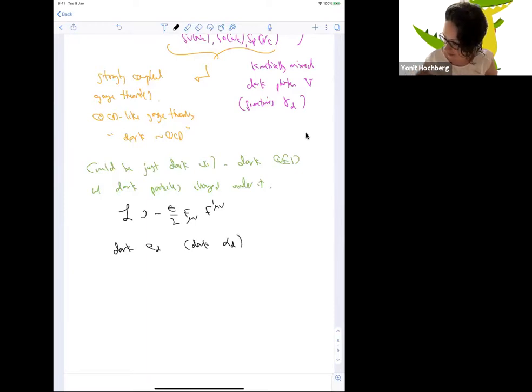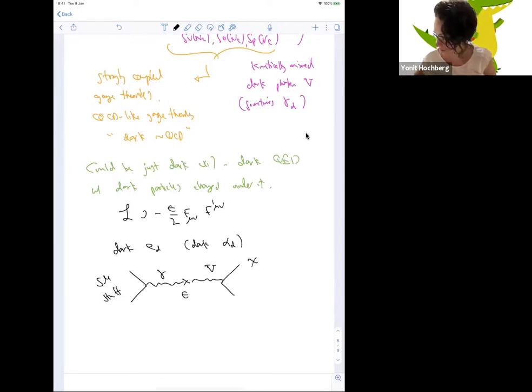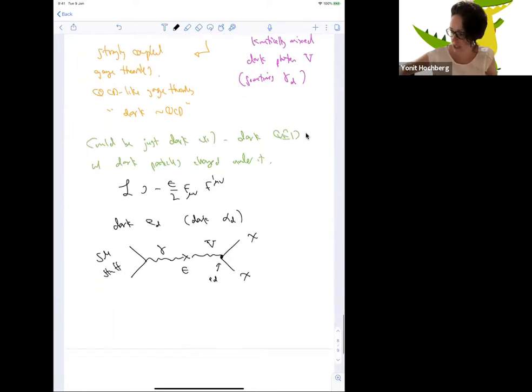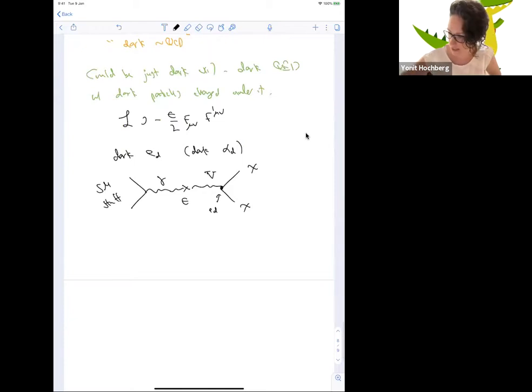And what this effectively gives us is, if I have all sorts of standard model stuff that can talk with a photon, then my photon can kinetically mix through a strength of epsilon into the hidden photon V and go to dark sector particles. Okay, and the strength that's sitting over here is this e_D. So this is the simplest thing, where all I've done is taken a dark version of QED, just a dark version of electromagnetism.